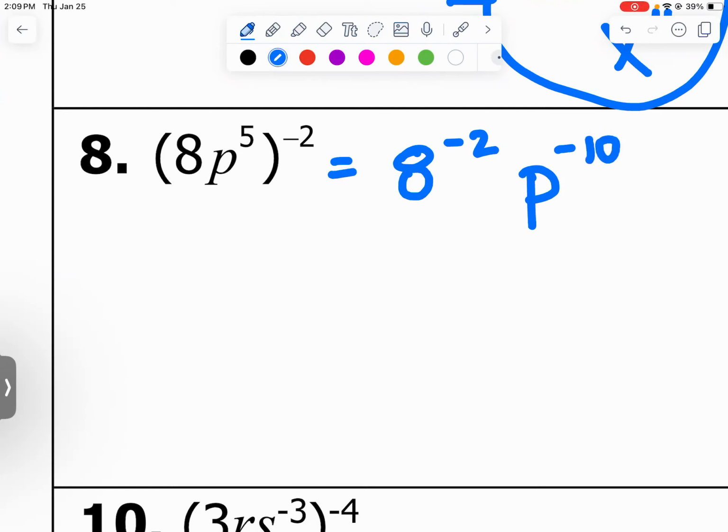Power to a power we multiply. Okay. Well, what does 8 to the -2 power mean? It does not mean that. I don't think that a negative exponent means I'm taking -8 times -8. I think a negative exponent means we take it to the denominator.